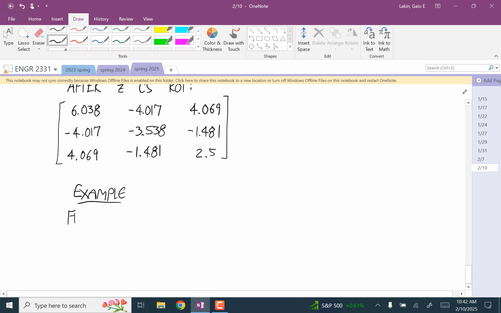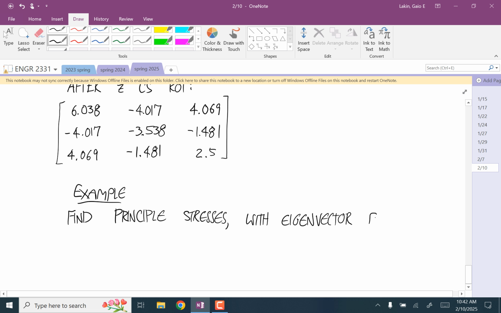We want to find the principal stresses with an eigenvector for each one, just using the definition of principal stress.